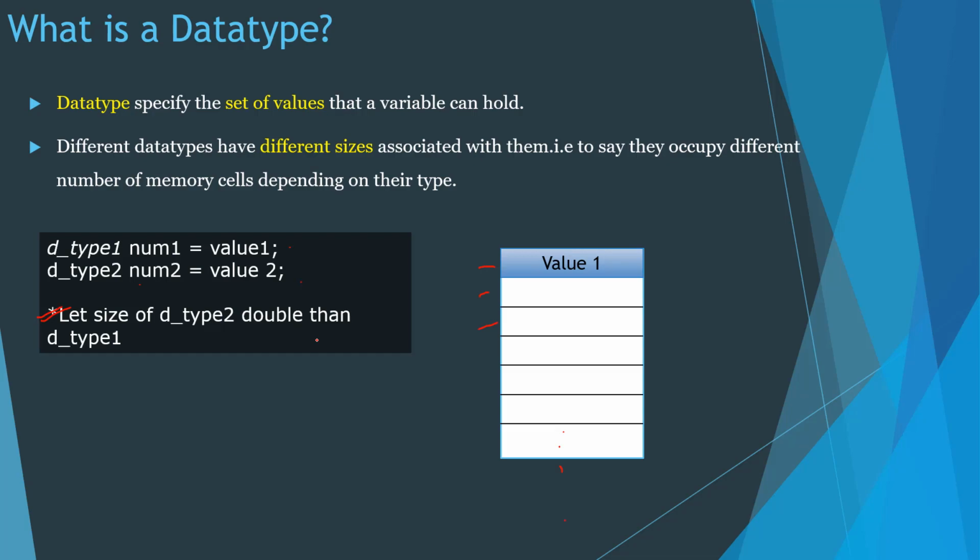So value 1 will occupy one memory cell. Now, as the size of value 2 is double that of value 1, it will definitely occupy two cells. Simple, right? So what is the crux then? Data types specify the set of values that a variable can hold, and different data types have different sizes associated with them. That is to say, they have different memory representation.